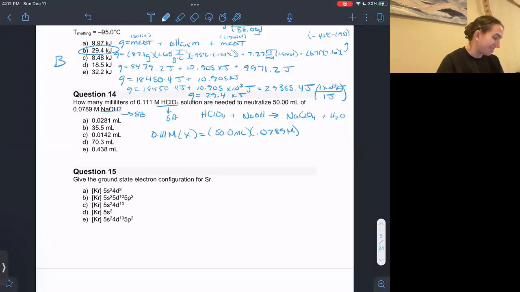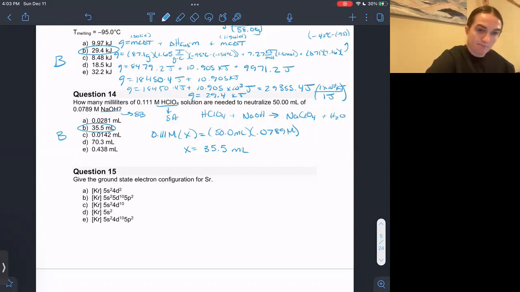So I should need less acid to neutralize the base, so I'm expecting an answer less than 50 mils. So I have 50 times 0.0789 and then divide by 0.111. X is equal to 35.5 milliliters. Awesome. B is here.